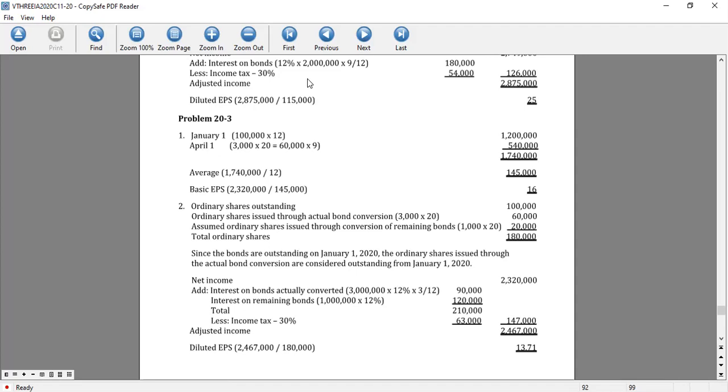2,320,000. Then we add back the interest on bonds actually converted, 3 million times 12% times 3 over 12. That's the conversion on April 1, 2020. Then the interest on remaining bonds of 1 million, we multiply by 12%, assumed to be good for 1 year.